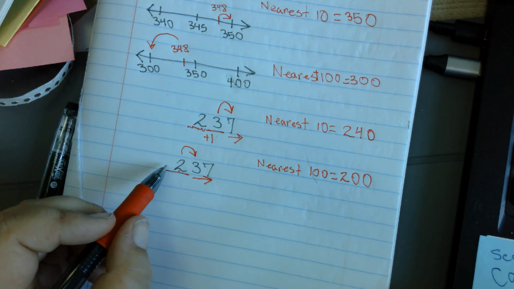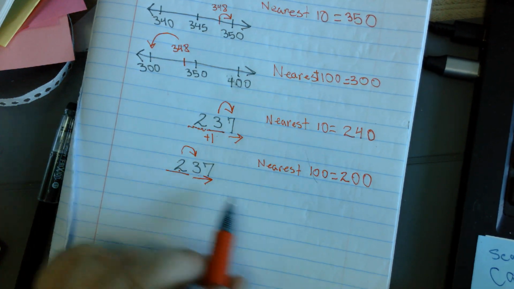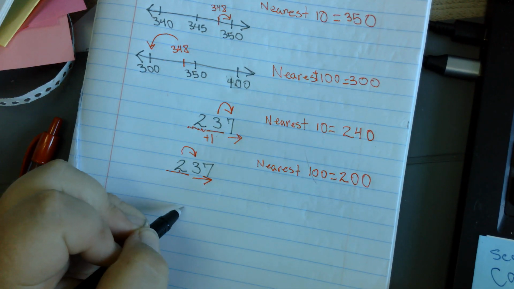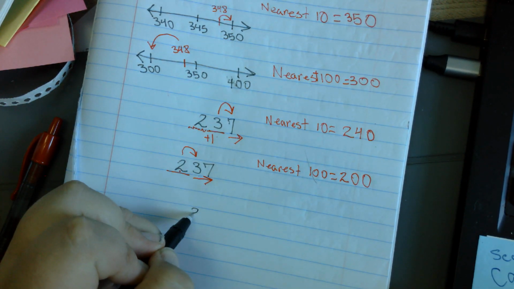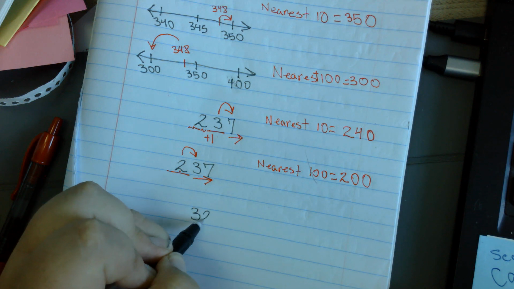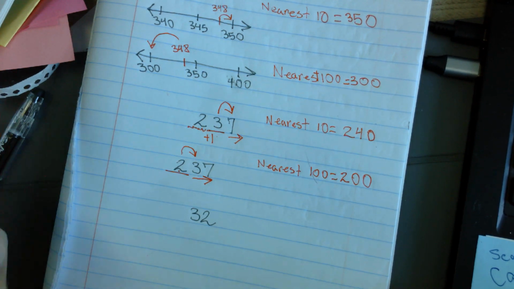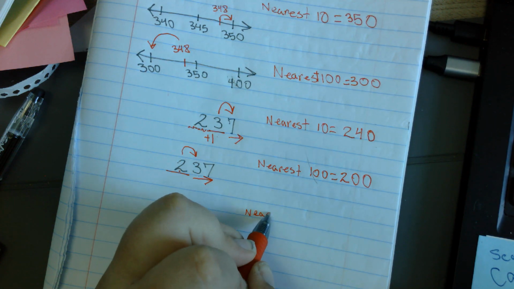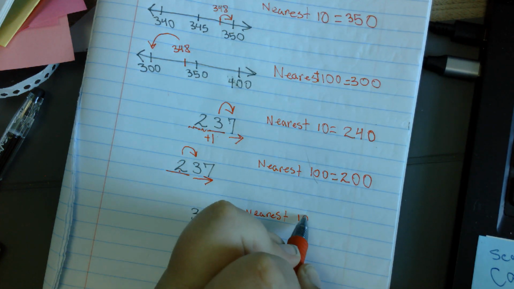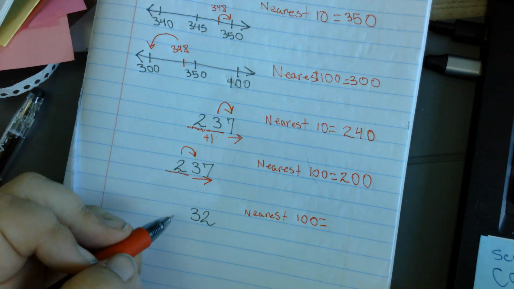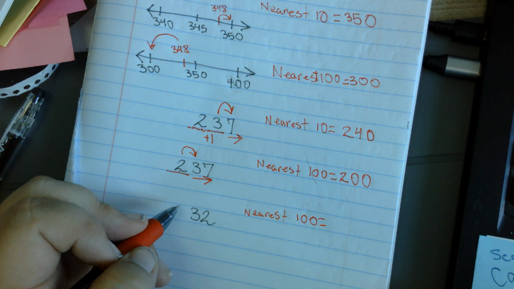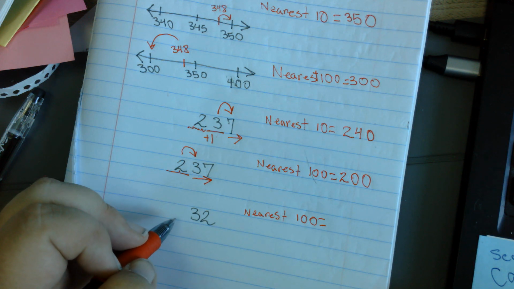The way that this works, if I had a 2-digit number, let's say that I had 32, and I wanted to round to the nearest 100. I tell the students, and I ask them, well, how many hundreds do we have? And we have nothing in the hundreds place.